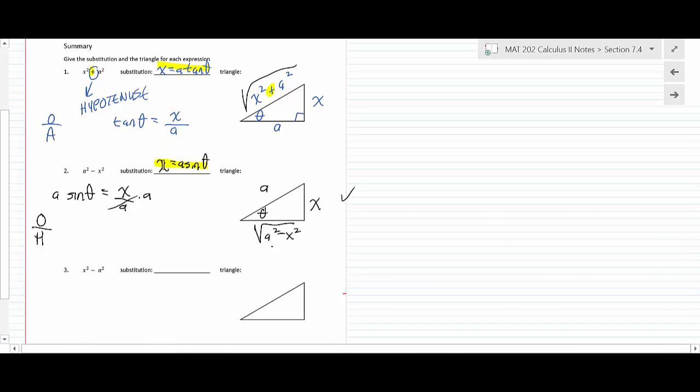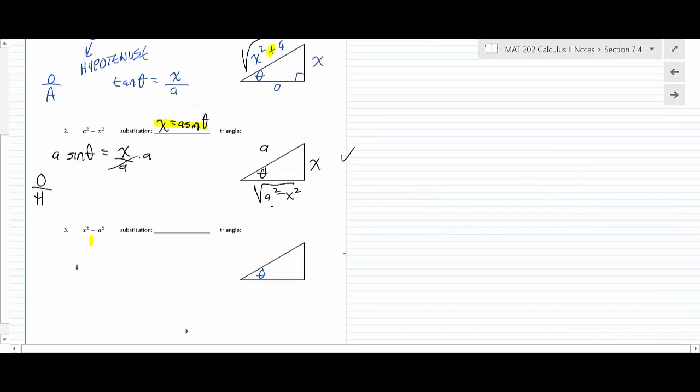You guys see how I'm trying to get you to think through this? You want to get this memorized, but you want to reason it out. And the next one, again, since that's a minus, it has to be a leg. It can't be a hypotenuse. So the last one we looked at was the secant. Here's how the secant substitution goes. Secant is hypotenuse over adjacent.